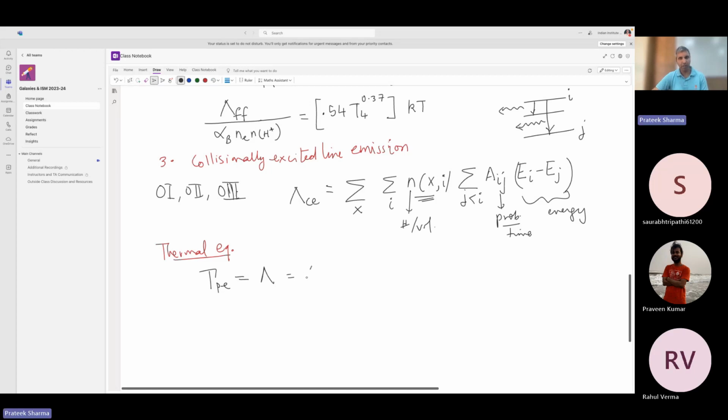This is equal to lambda CE, collisional excitation of these metal lines, plus the radiative recombination of hydrogen, plus lambda FF, the free-free emission. Now the metal line term is the dominant cooling component. And this is what will determine your temperature.